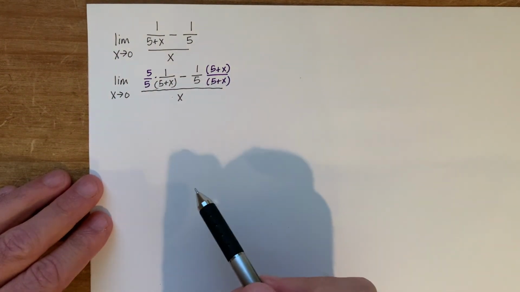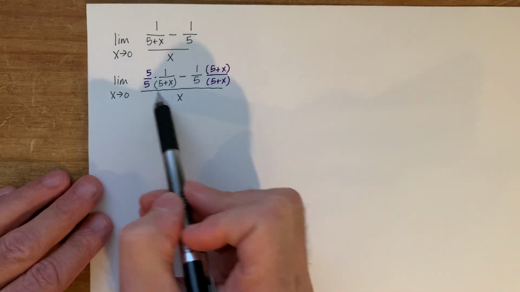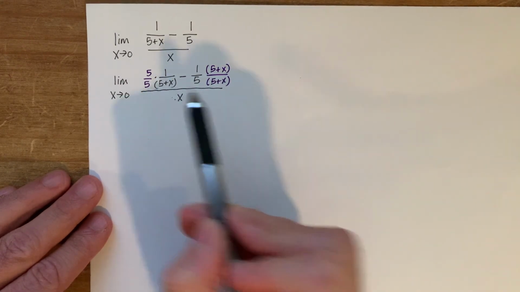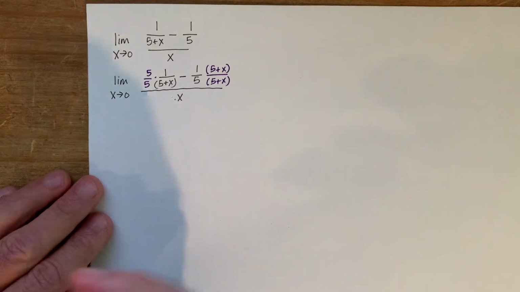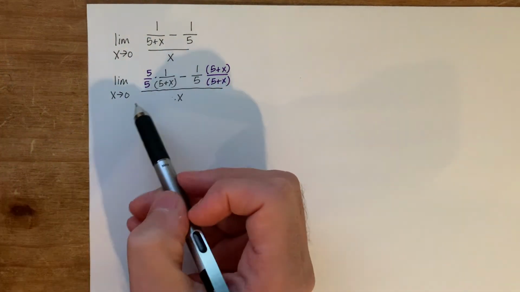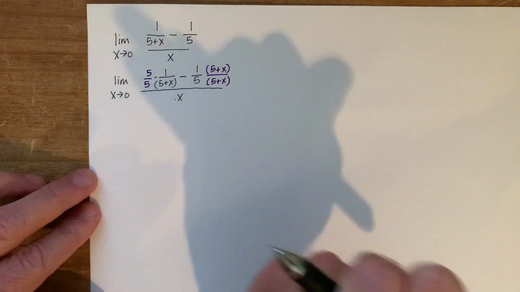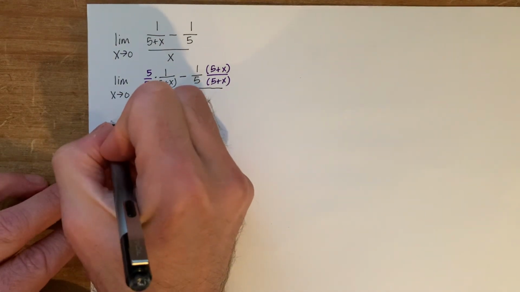Something I've noticed with students over the years where they end up making mistakes with this is they try and get cute and write the numerator off to the side, and then they lose track of the x because they forget about it. They don't write it down. Especially when you first are working with these limits, write each step down, take the time to show what you're doing, and give yourself a path backwards to follow if you get stuck.